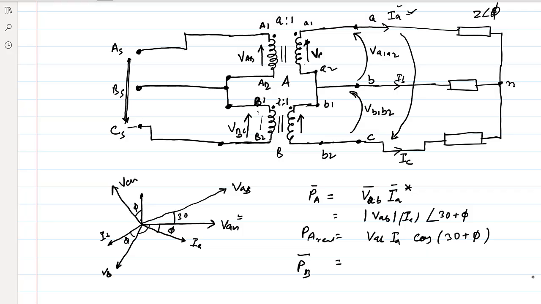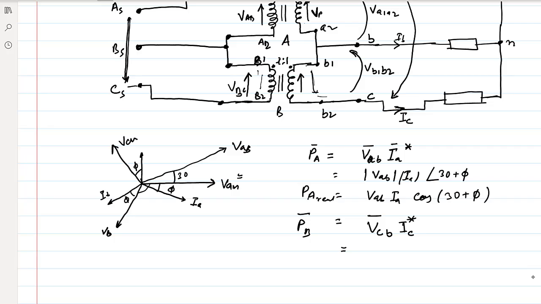So you can see here current is coming out of this phase through this side, right? We have assumed IC is in this direction. That's how each phase will have the current inside it, right? So PB is, I would say, in this direction. So it would be VCB and IC conjugate.